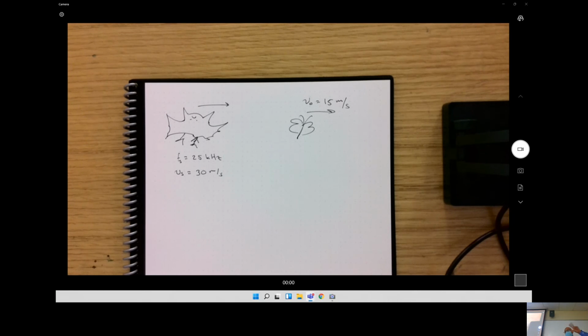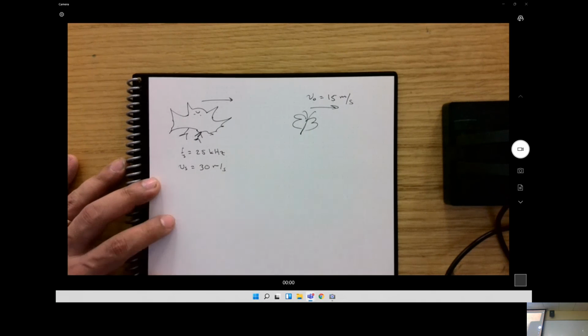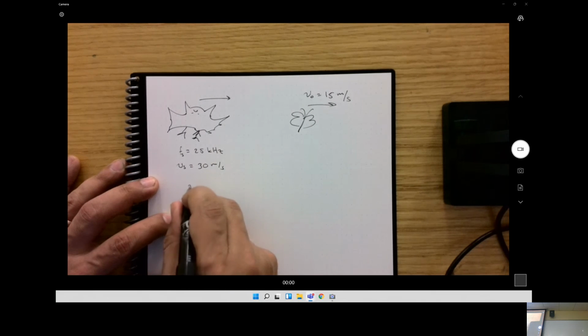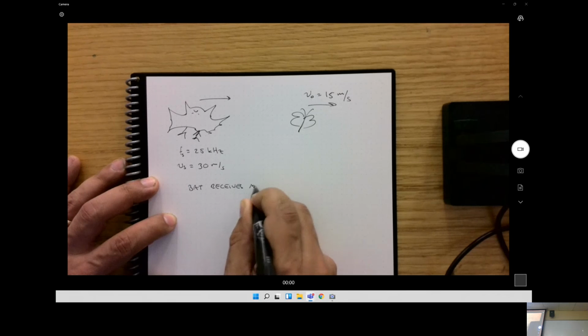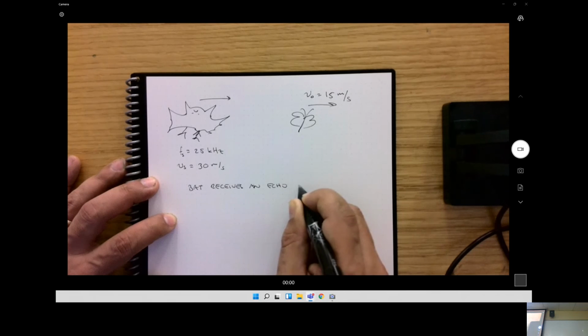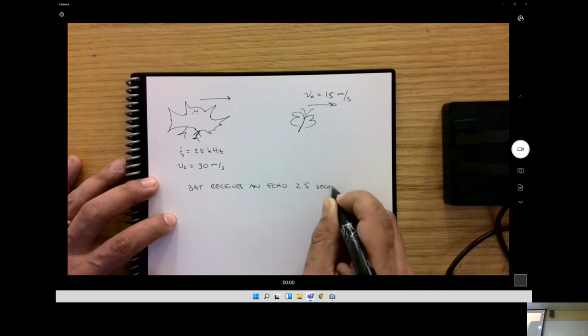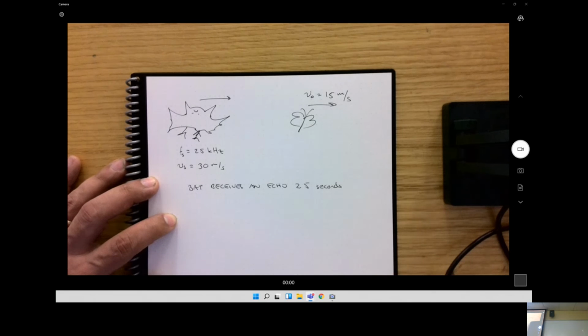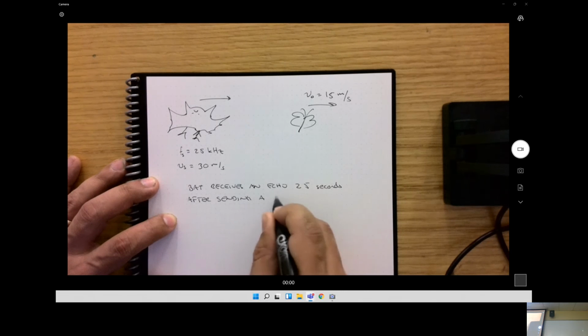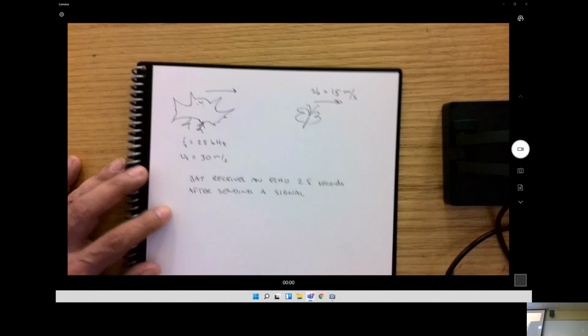Okay, so the bat is sending chirps of sound and it's just receiving the echo. So one thing I want to find out is, the bat is receiving the echo 2.5 seconds after sending a signal.